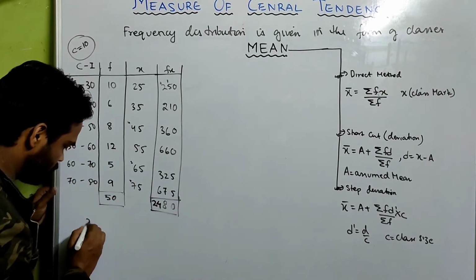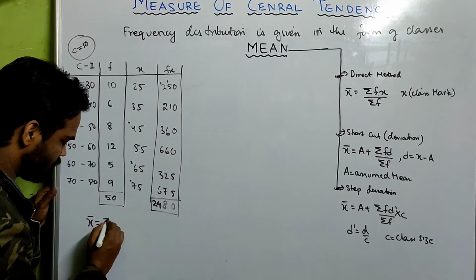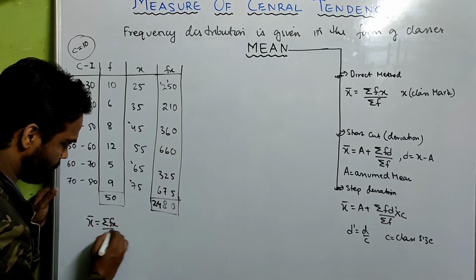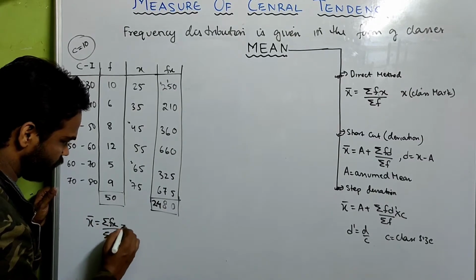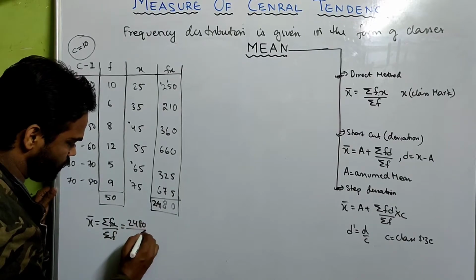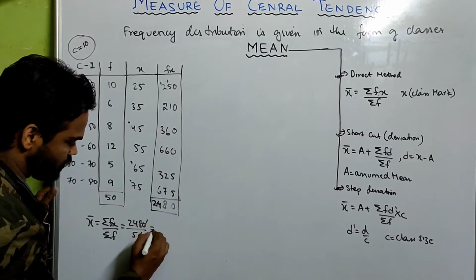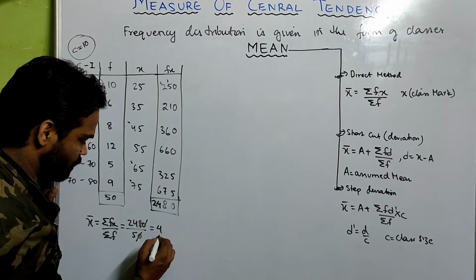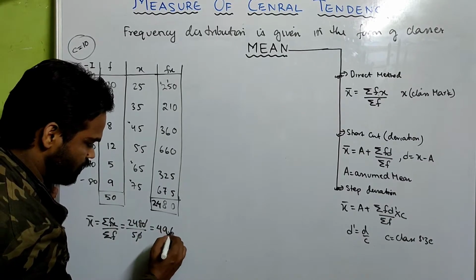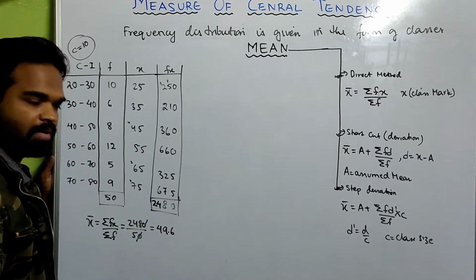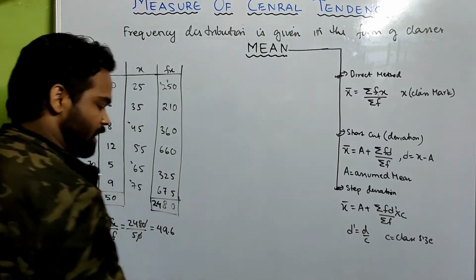So what is mean? Sigma fx by sigma f, which is 2480 by 50, which is 49.6. That is your mean. This was by direct method.